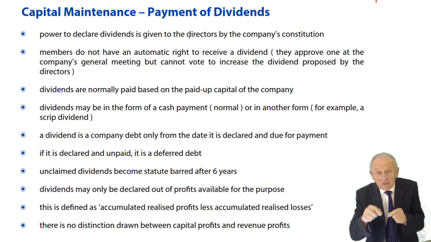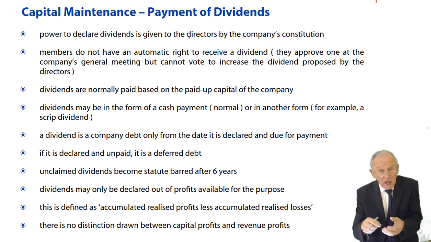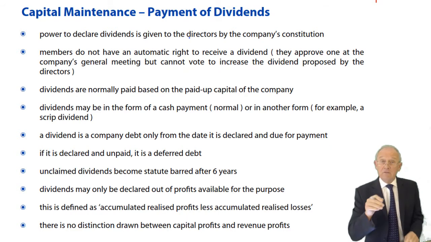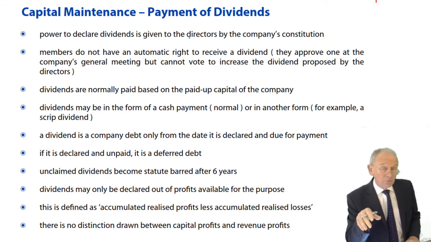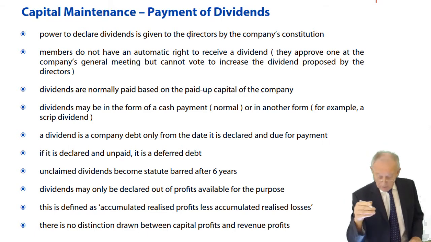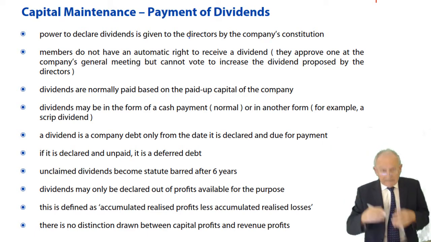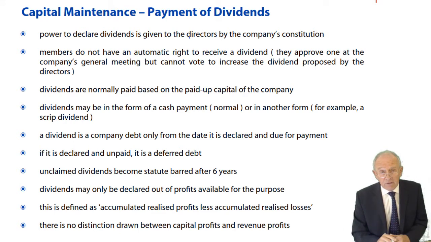But it has at least to be proposed and voted on and approved and declared, therefore, by the members in general meeting. Because if the directors fail to propose it, even though it may be a cumulative preference share, it still has to go through that process of being proposed and declared payable by the members.